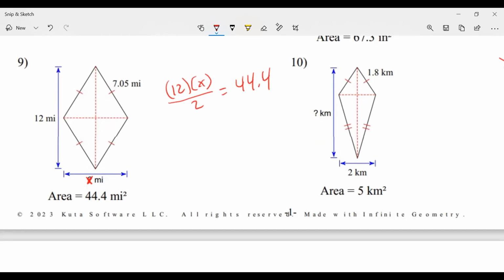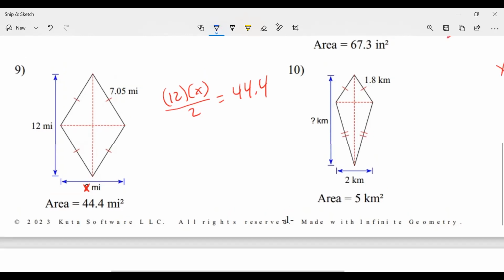Couple things I can do here, but the first thing I can do is get rid of fractions. So let me multiply both sides by 2. If you don't like fractions, get rid of them. So I have 12 times x is equal to 88.8. I went 44.4 times 2.